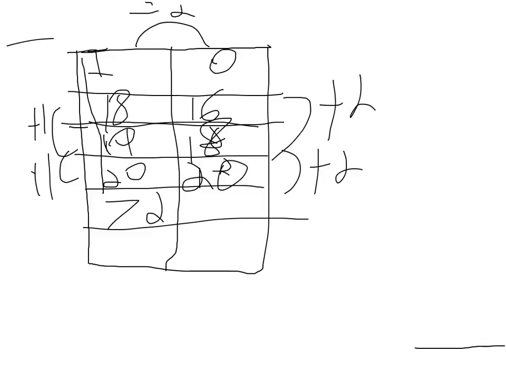So it would be subtracting negative 2. And so you subtract negative 2 from 72, and you would get negative 70.